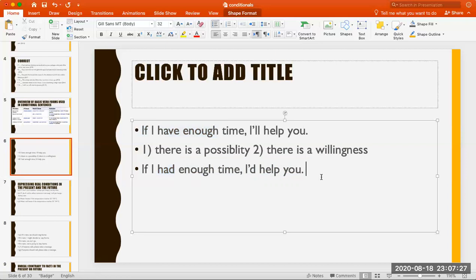Number one, that there is no possibility, or, and this is tricky, or there is no willingness. Meaning maybe I don't want to help you.